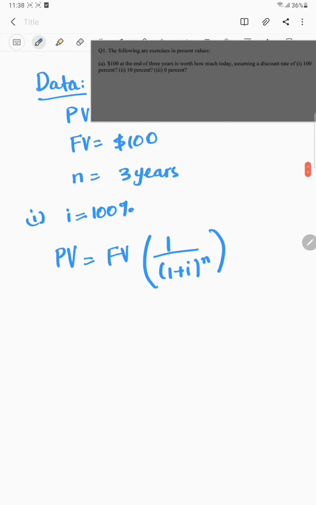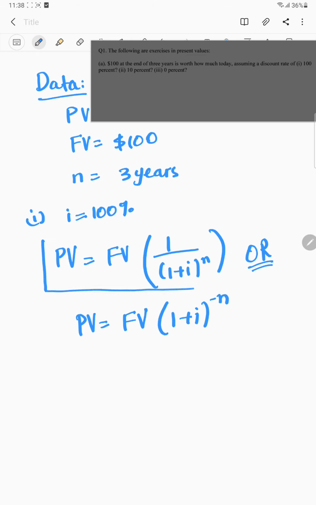This formula is also sometimes found in books written as future value times (1 plus i) to the power minus n. They are both the same formula, but for the purpose of clarity and easiness, we will be using this formula.